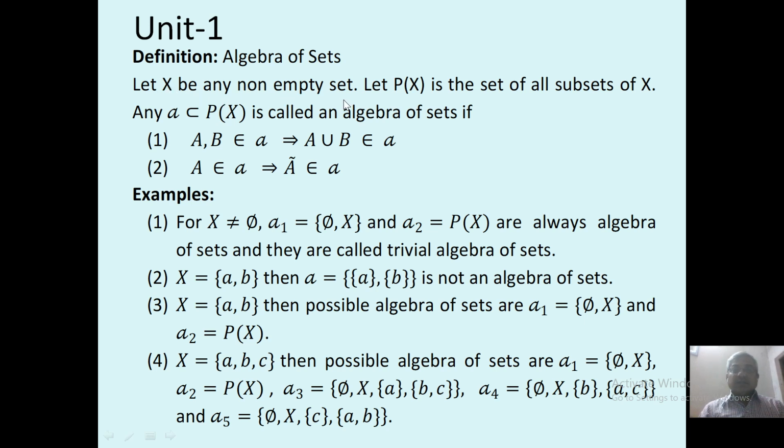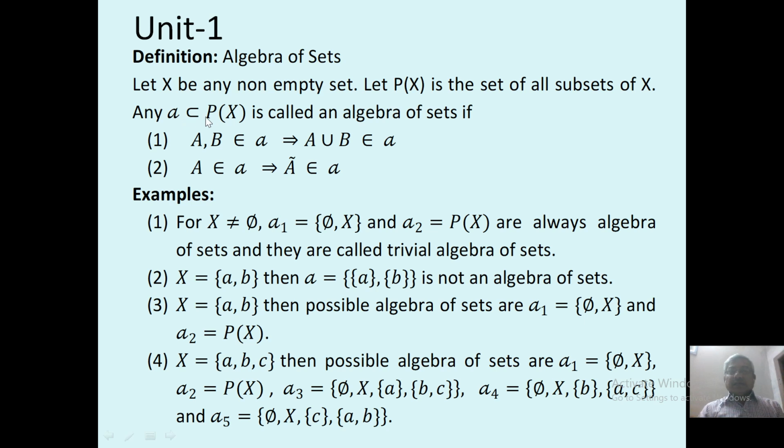Non-empty set means at least one element is there in this set X. This notation you know, P of X, power set of X. It is the set of all subsets of X. Take any subset script A of P of X. P of X contains all subsets and script A is a subset of P of X. So obviously script A also contains some of the subsets of X.